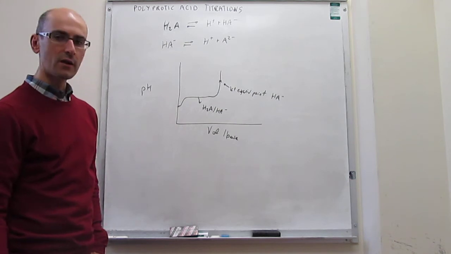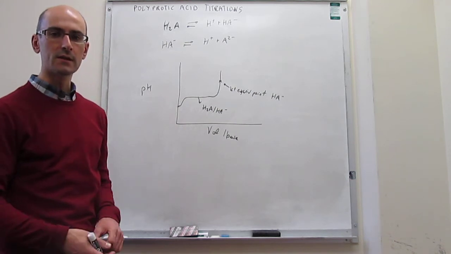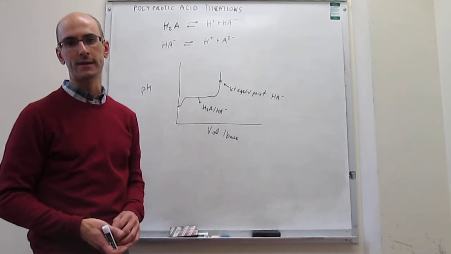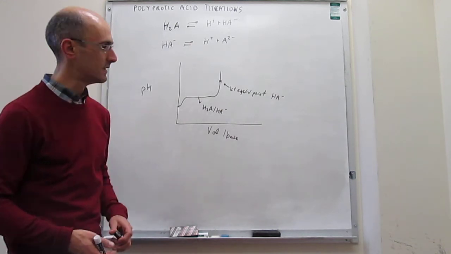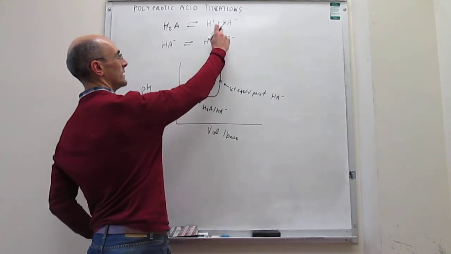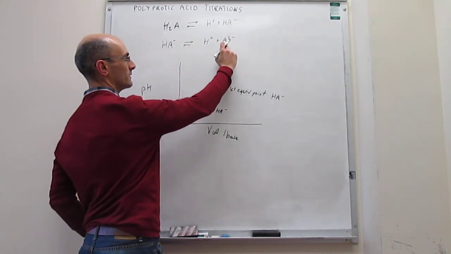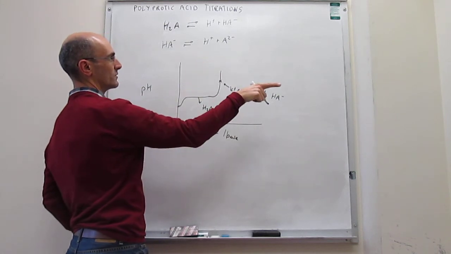But then you can continue to add base because you still have one proton that can be stripped off that HA- weak acid. As you continue to add base, you will start to pull the second equilibrium towards the right.